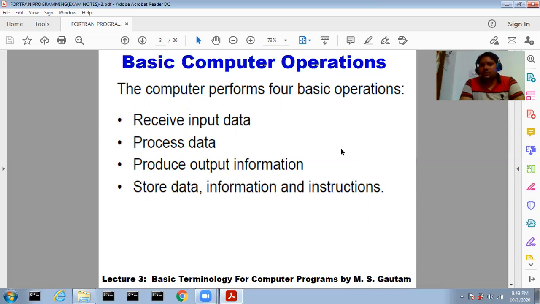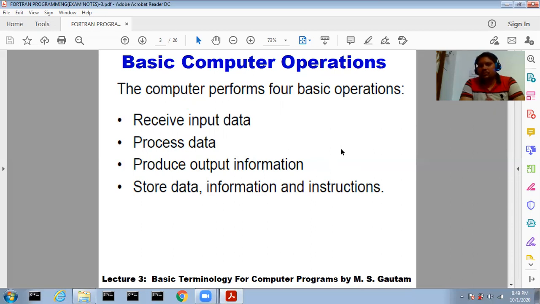So these four types of operations are the basic operations for any work performed by the computer.